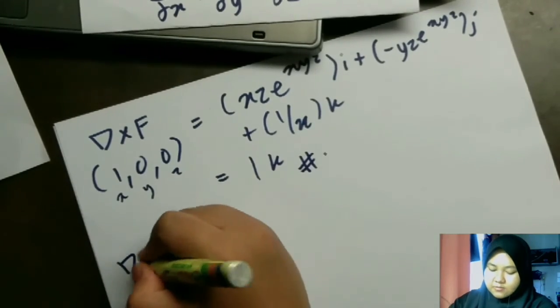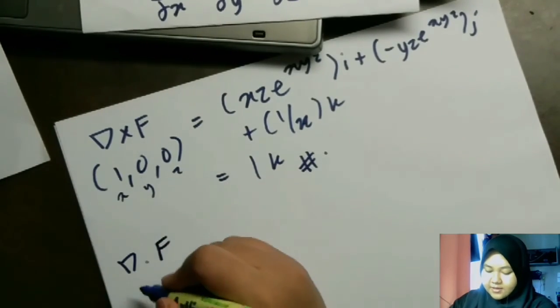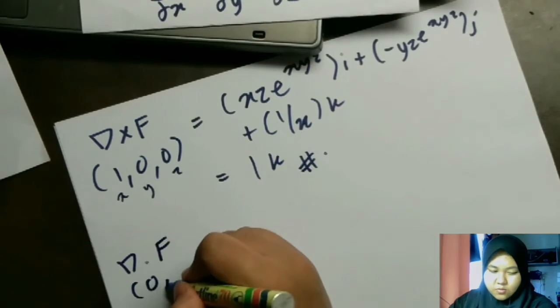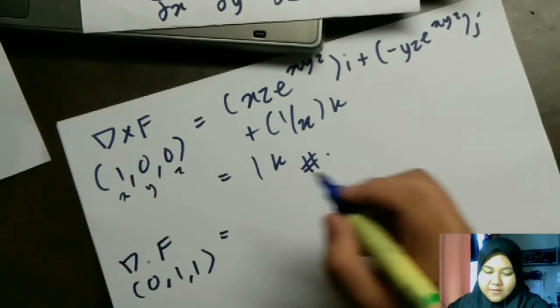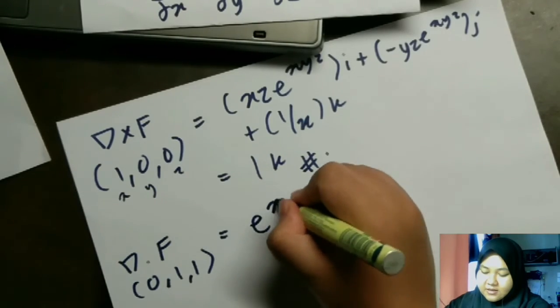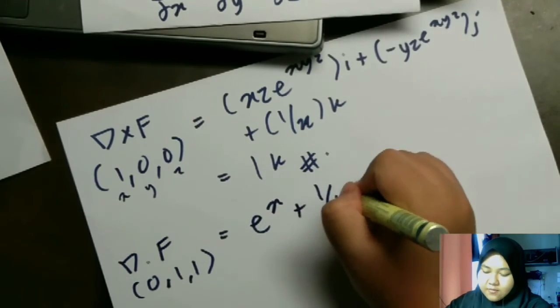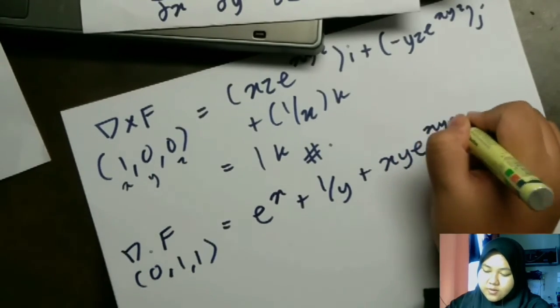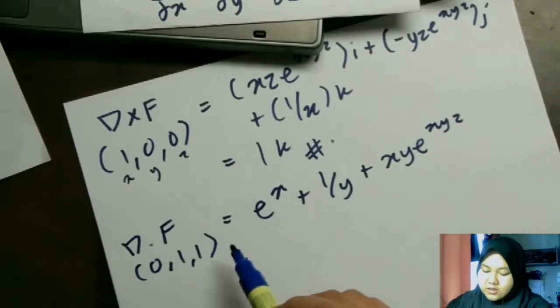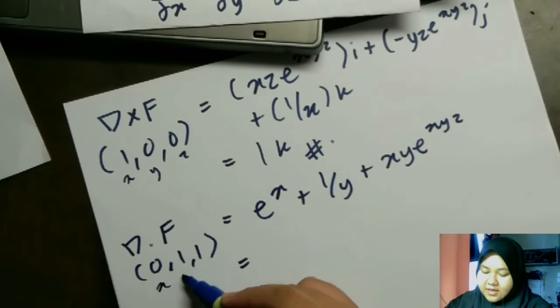Next, we find the divergence at point 0, 1, 1. From the formula, we got e to the x plus 1 over y plus xy e to the xyz. So we insert the values x, y, z.